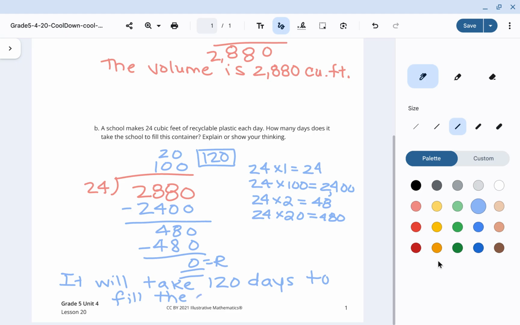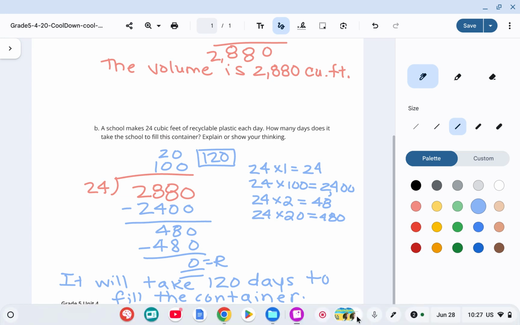Now, in this way, boys and girls, we have related back to the context and made sure that we understand exactly what the 120 means, because it indeed is a measure of days. Boys and girls, this finishes out our Lesson 20 cool down.